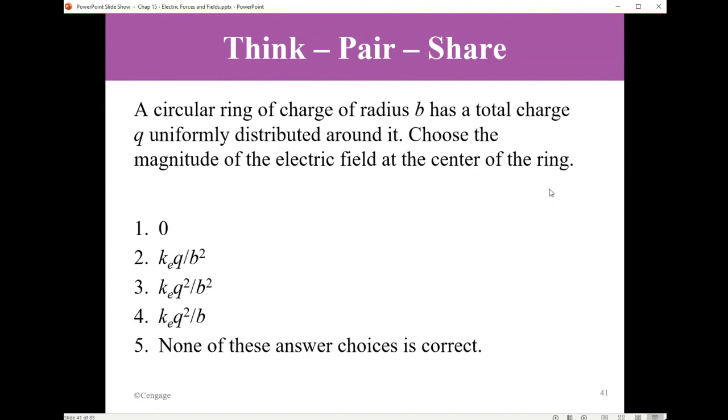What would be the right answer? This would be the right answer. The fields will cancel each other. If you pick any slice, it will have some field, kq over b squared, and from the other side, there is another kq over b squared, but opposite in direction.